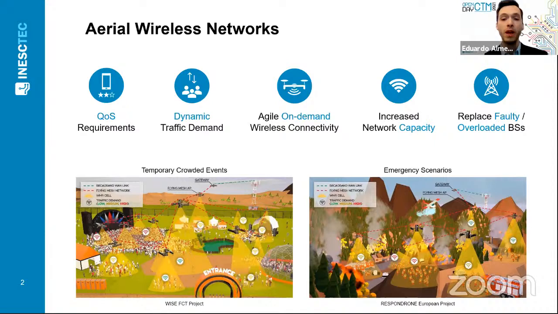So we can also deploy a set of drones to provide instant, on-demand connectivity to those users, and to replace the existing base stations which may be damaged or overloaded in that emergency scenario.